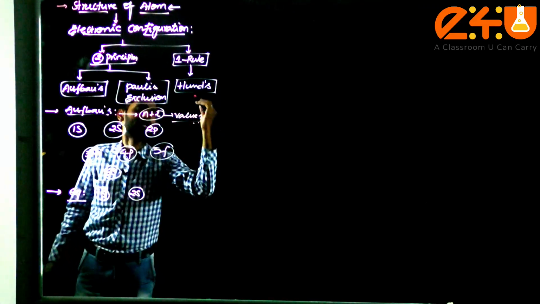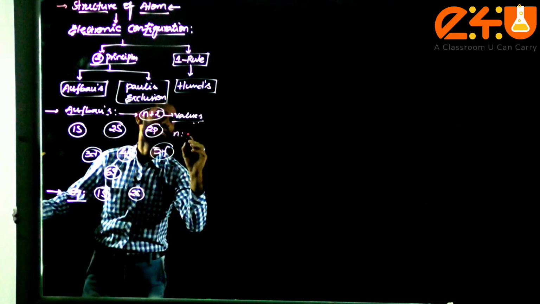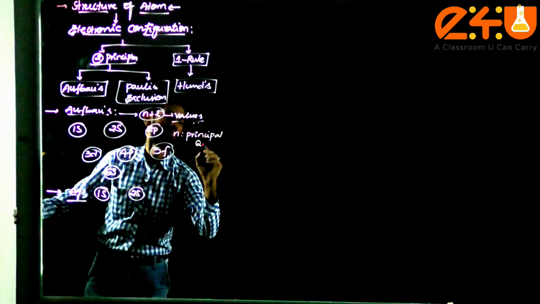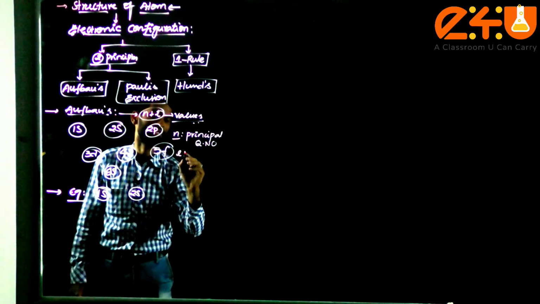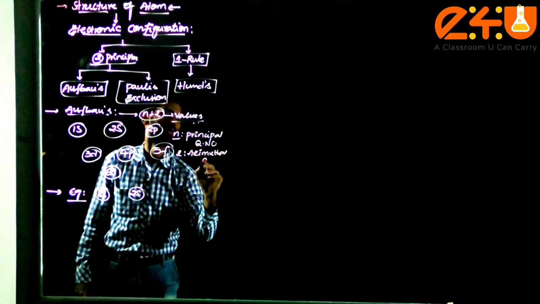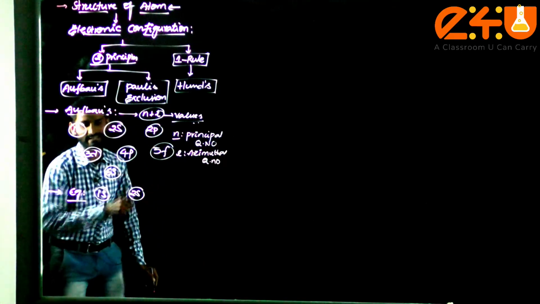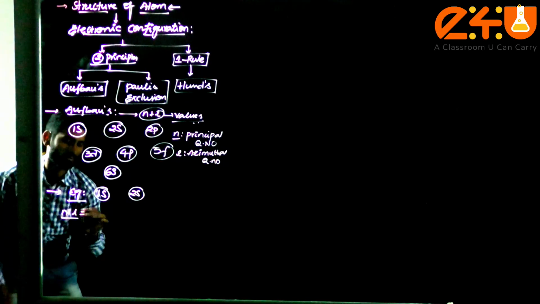Here n indicates the principal quantum number, as already discussed in the previous lecture, and l indicates the azimuthal quantum number.